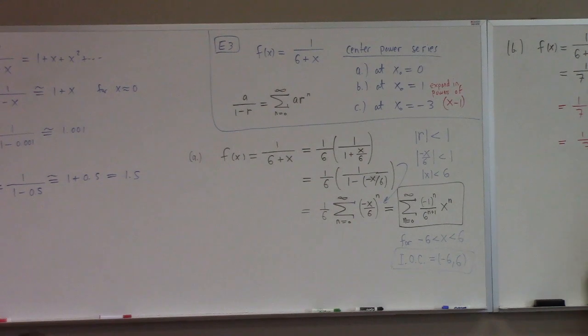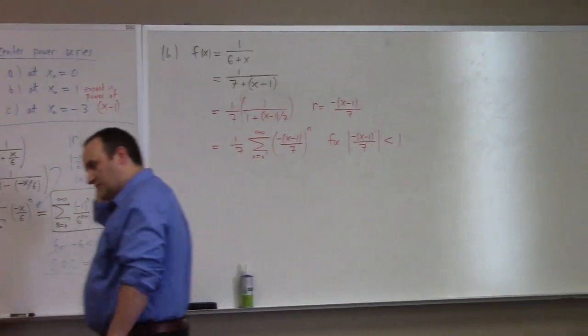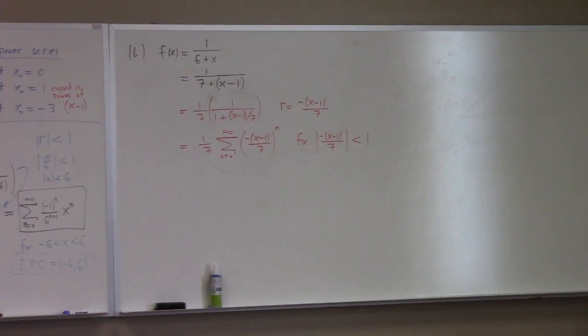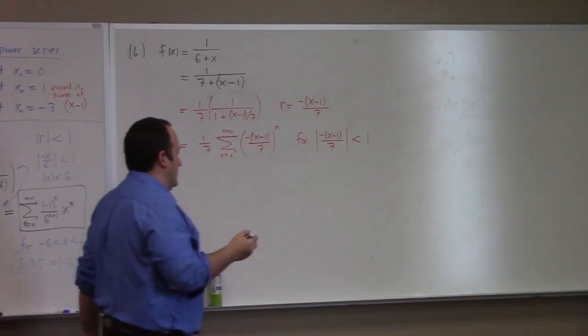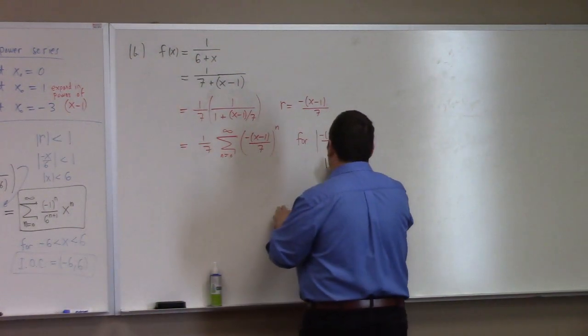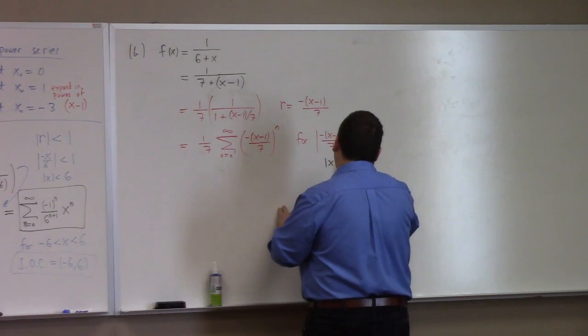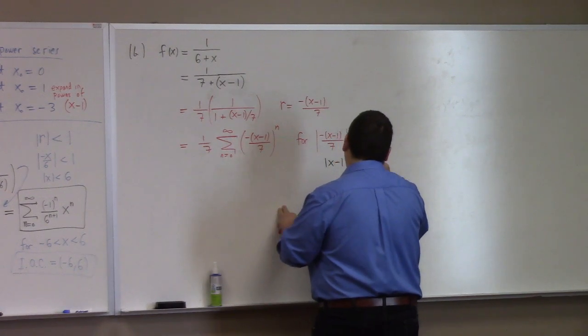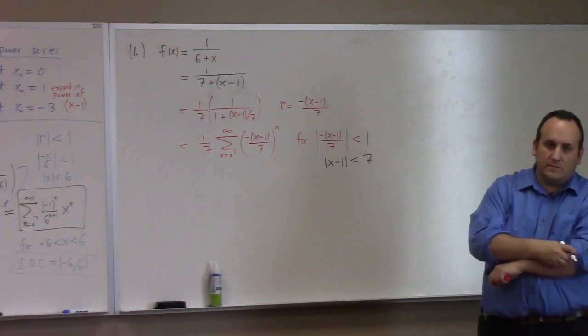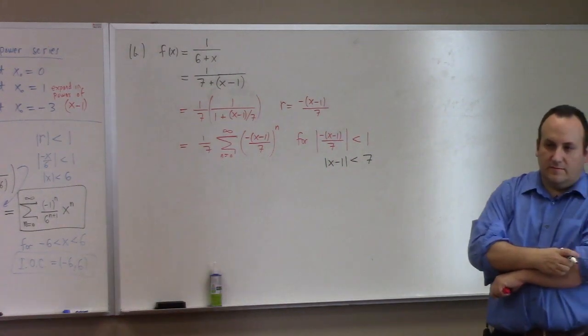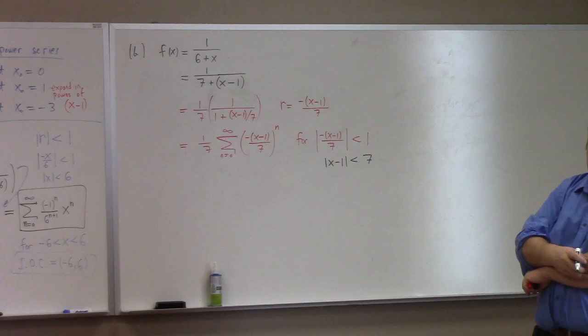But of course, this condition we can clean up a bit. Do you guys know how to think about that? When I show you the inequality, absolute value of x minus 1 is less than 7, does that mean anything to you geometrically? Do you understand how to think about that geometrically?